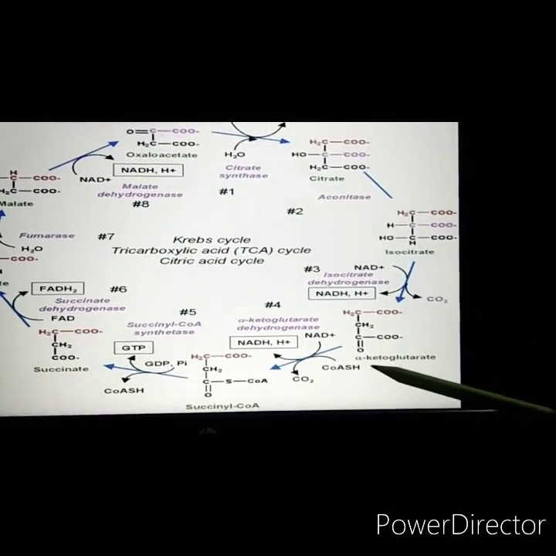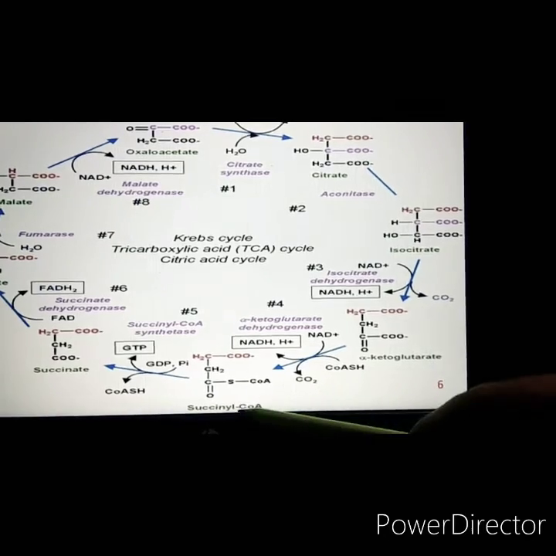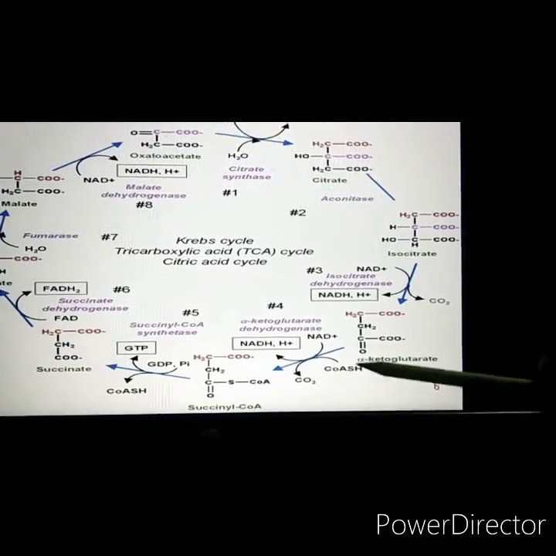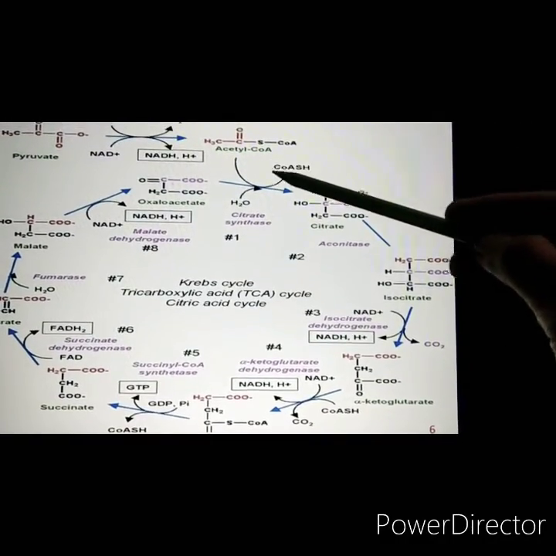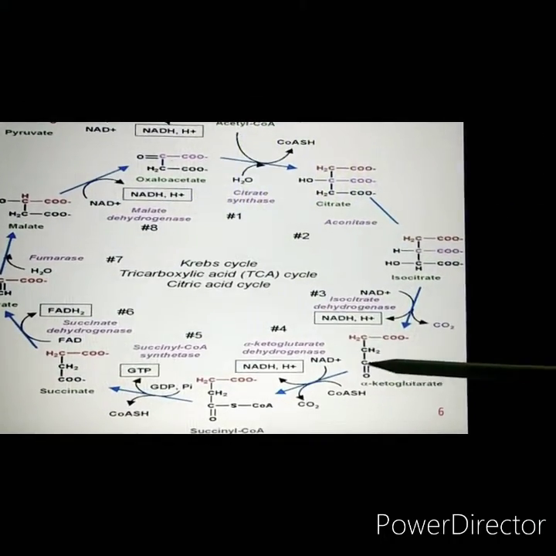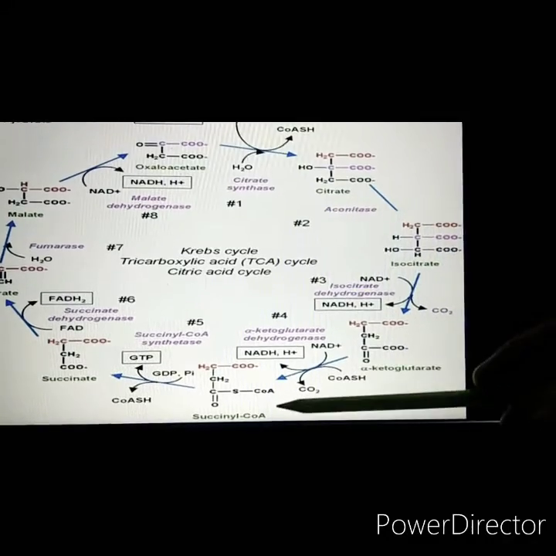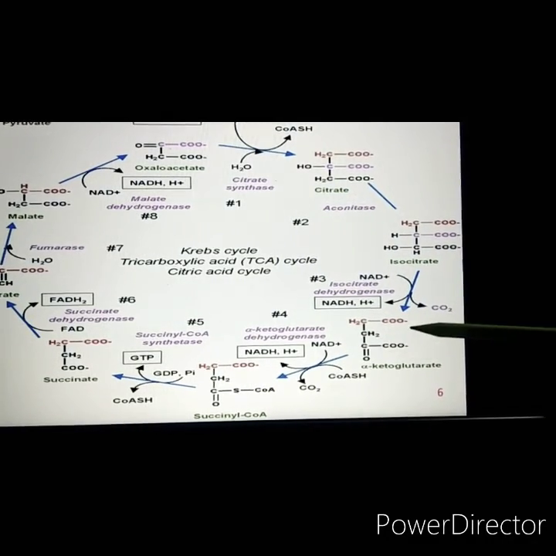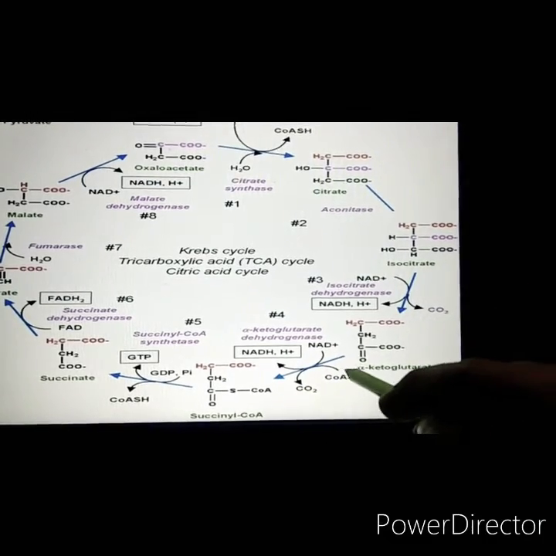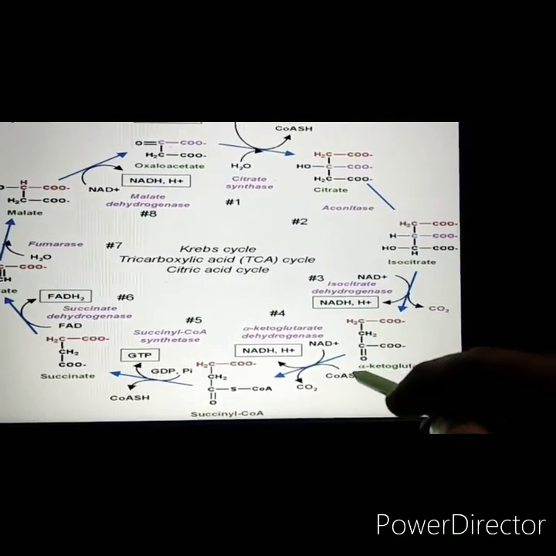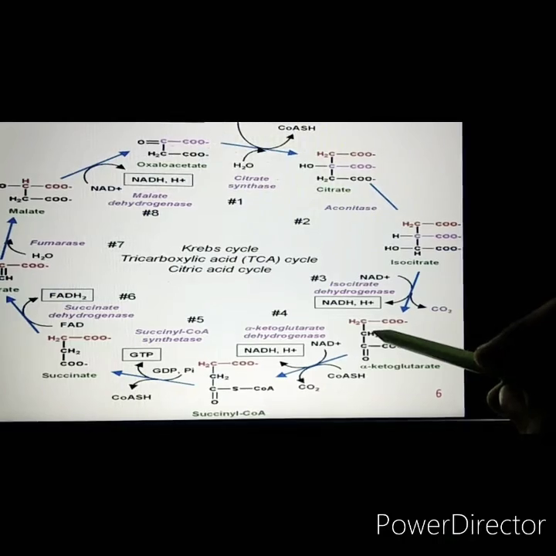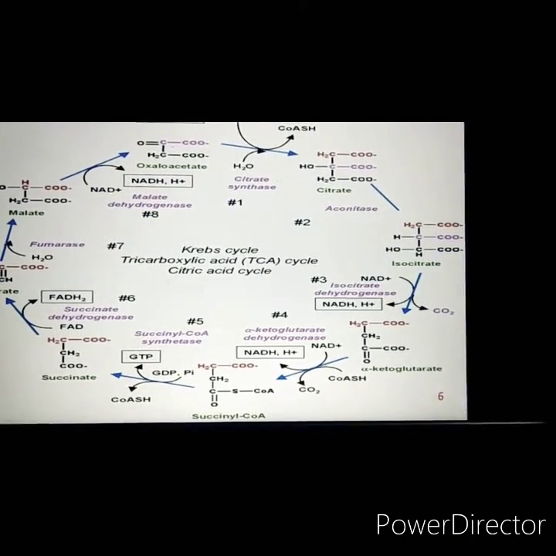The next step involves conversion of alpha ketoglutarate to succinyl coenzyme A. In the very first step we had seen the coenzyme A molecule being removed from acetyl-CoA. Now this coenzyme A molecule reacts with alpha ketoglutarate. It adds to alpha ketoglutarate along with elimination of a carbon dioxide molecule, resulting in formation of succinyl-CoA along with removal of hydrogen. So here three processes take place.